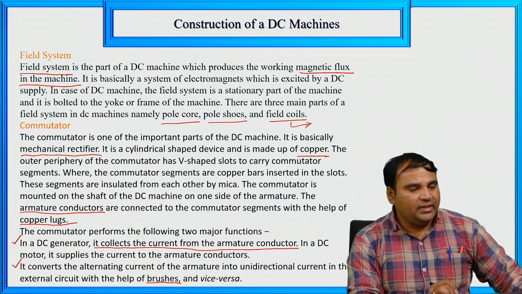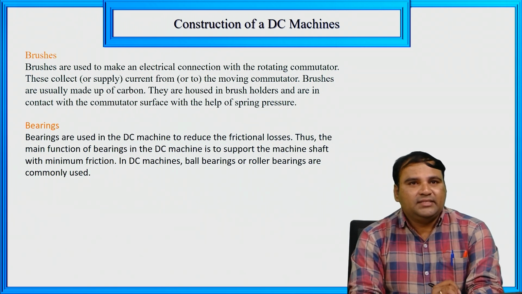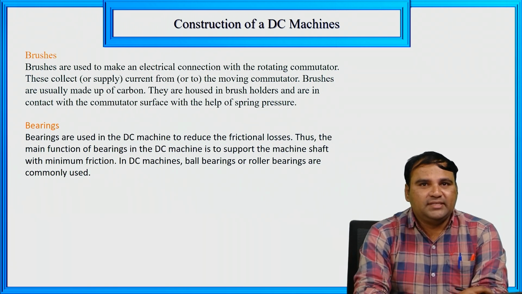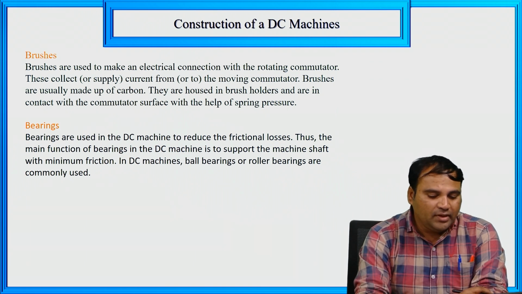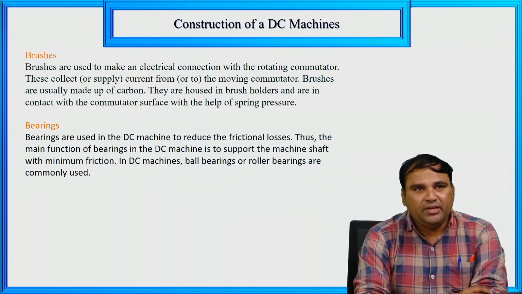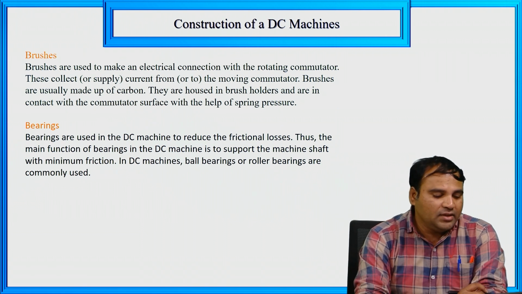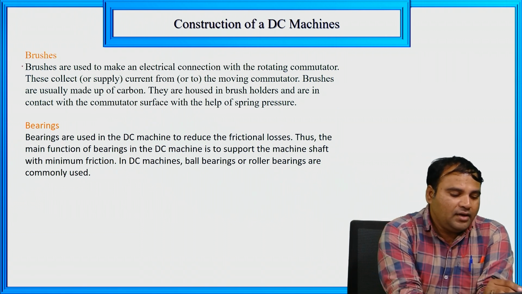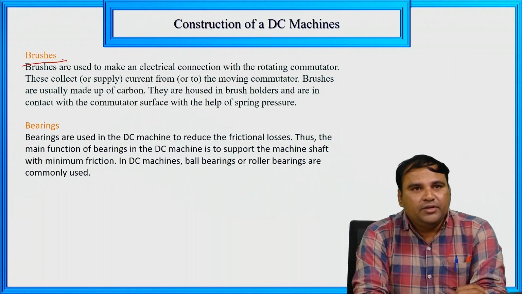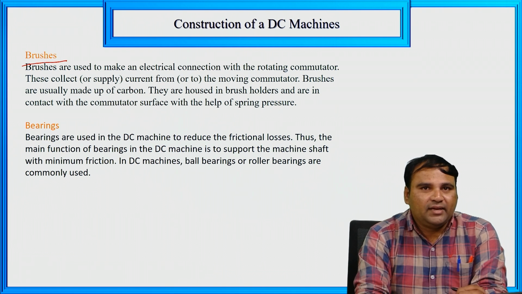Now we have another part, that is brushes. Brushes collect current from the commutator. That is the main definition of brushes. Brushes are used to make an electrical connection with the rotating commutator.